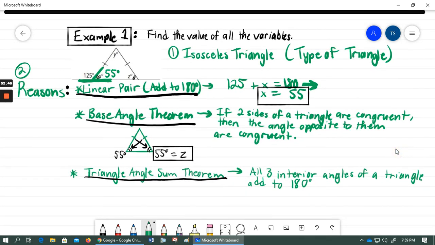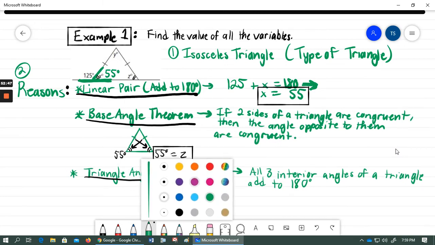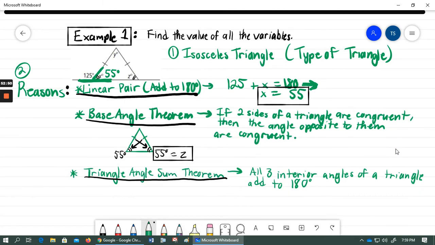All right, so again, all three interior angles. Let's do it. So let's see here. 55, 55. So X plus Y plus Z. All three of those interior angles have to add together to equal 180. We had already found that X was 55. We had found that Z was 55.